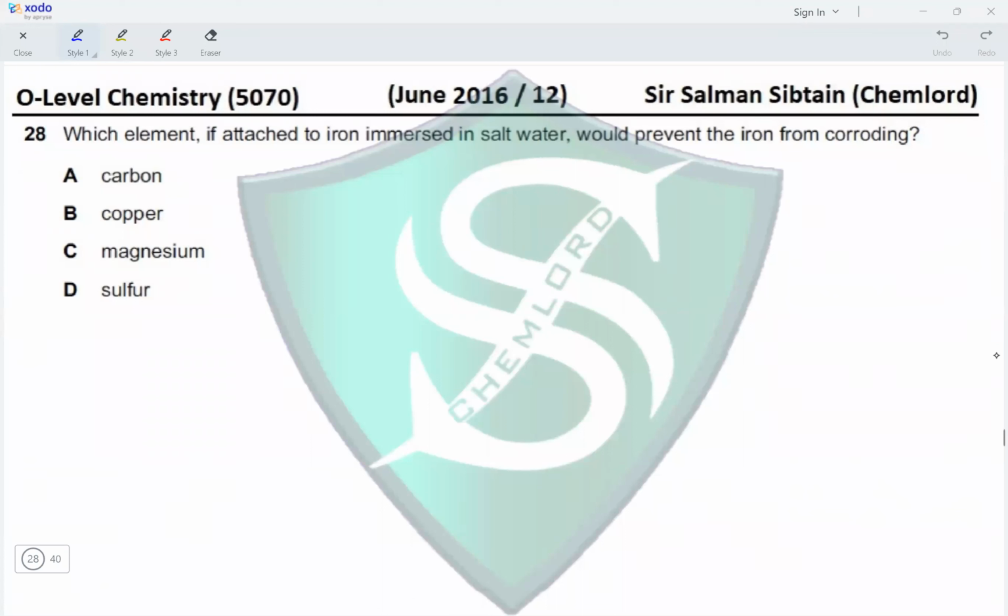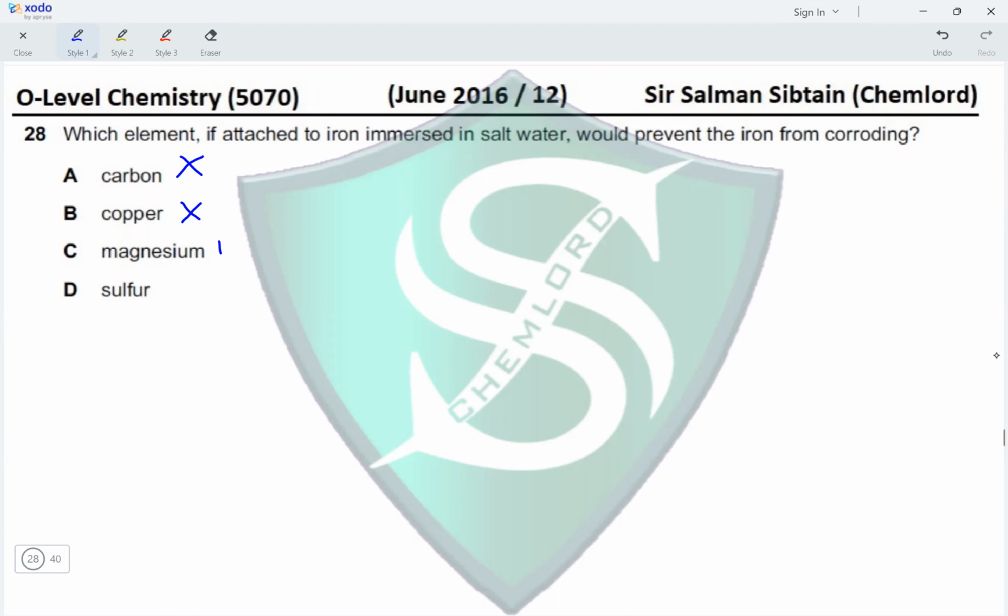Question 28. Which element, if attached to iron immersed in salt water, would prevent the iron from corroding? So this is sacrificial protection. So the metal that would be used would be more reactive than iron. So carbon, carbon is not a metal. Copper is less reactive than iron.